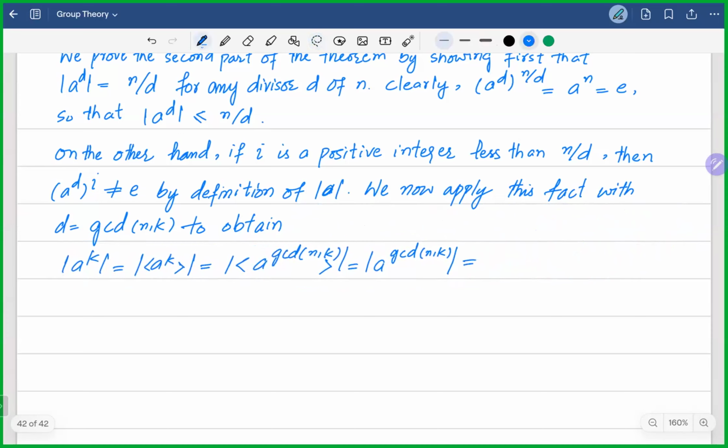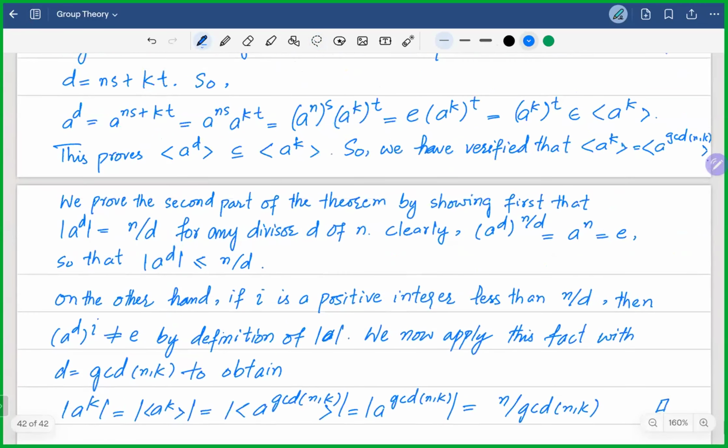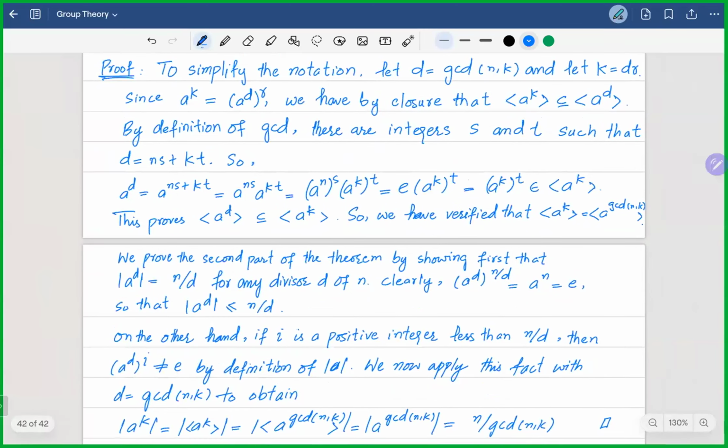And this is equal to n quotient GCD of n comma k, because this GCD is going to divide n. This is coming from the previous theorem. Okay, so this is the proof.